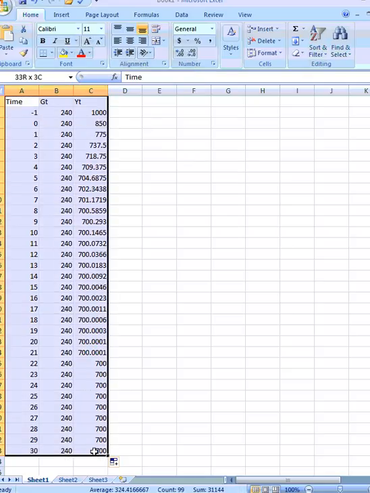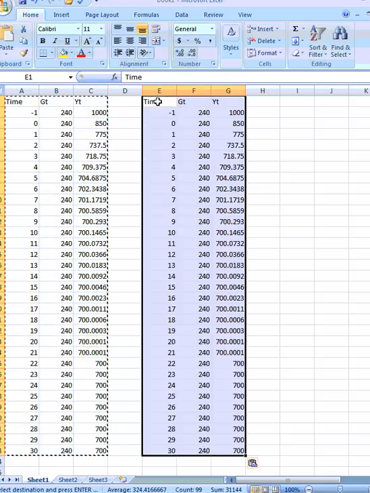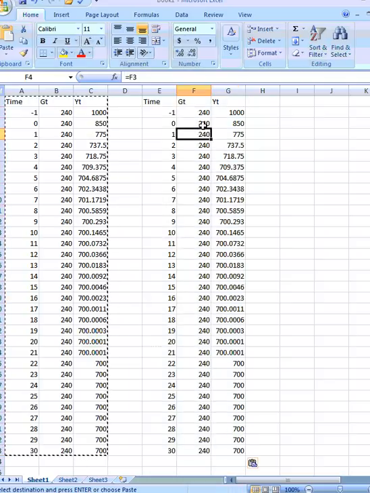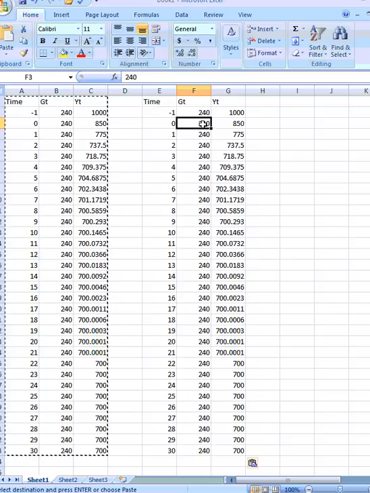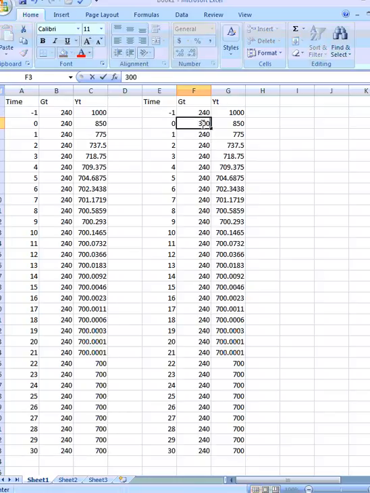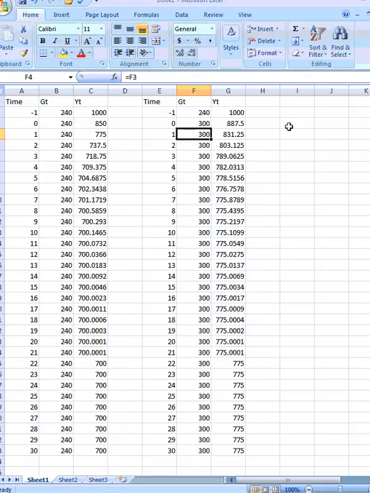If we copy all of this, hit Control C, then hit Control V, and we change how much government spending changes in year 0 to 300, you notice GDP goes up.